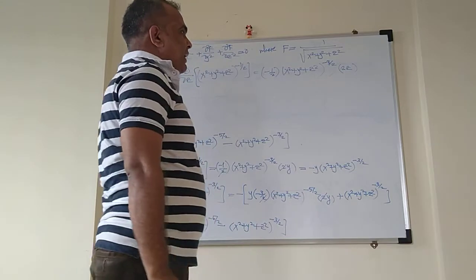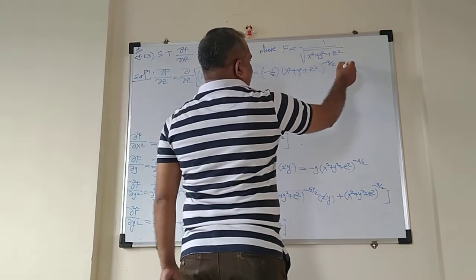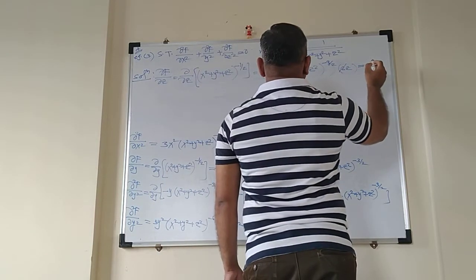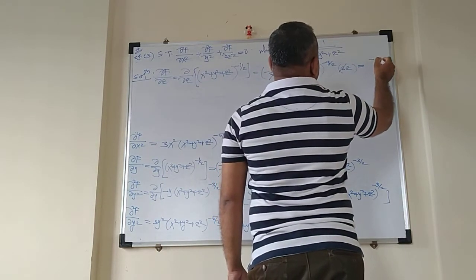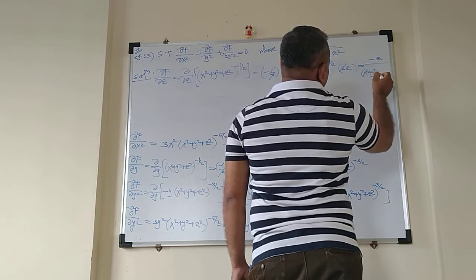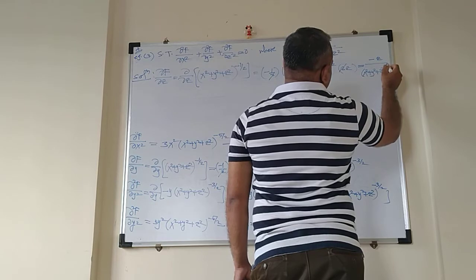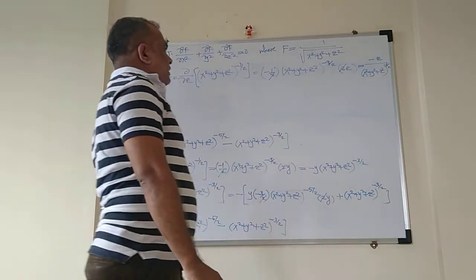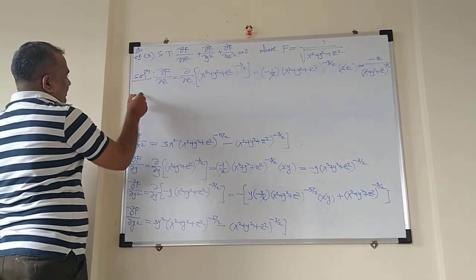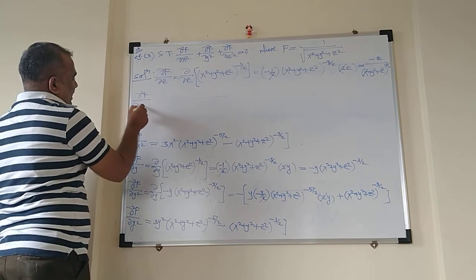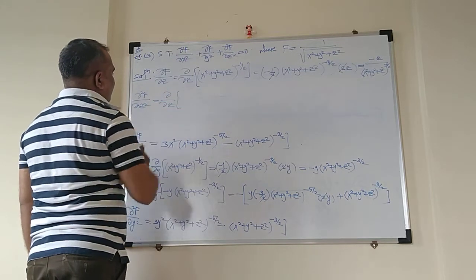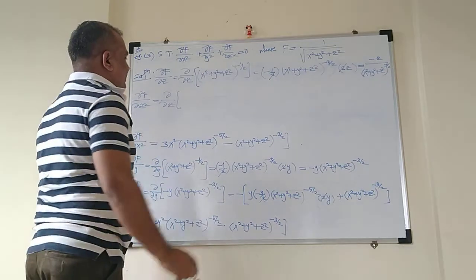Other two variables are acting as a constant, and this 2 gets cancelled with each other, and you will get minus z upon x square plus y square plus z square raised to power minus 3 by 2. Got it? Now do calculate the second order partial derivative, and this is equals to dou 2f by dou z square, which is dou by dou z of dou f by dou z. Dou f by dou z is this.